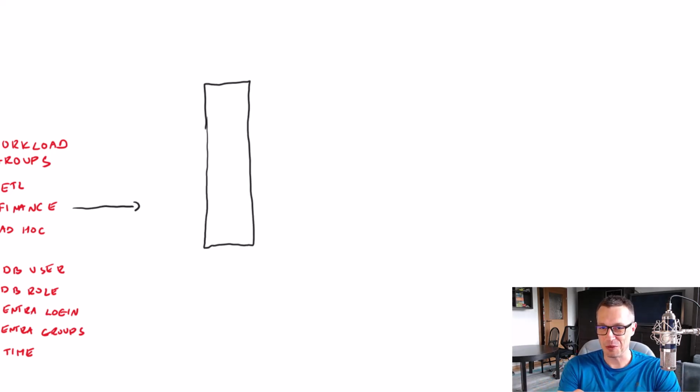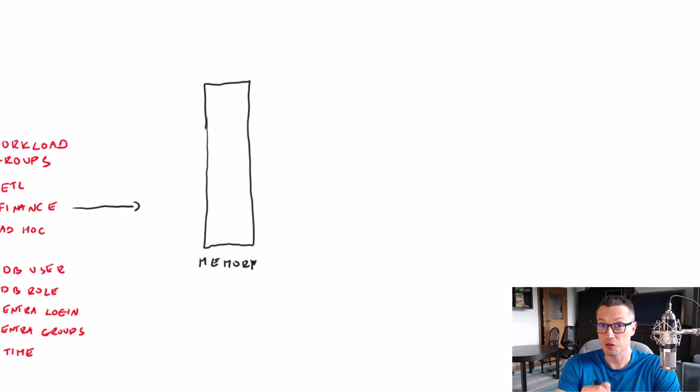So now, let's assume that this black box is our memory that is available for query execution. When we define a specific workload group, and right now we are doing this for the finance department, we can define how much memory will be reserved for this particular workload group, which simply means how much memory will be waiting for queries from the finance department.